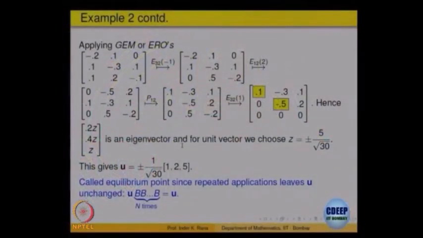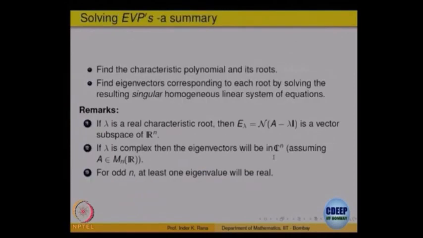So, let us not bother with this line. Okay. So, the important thing is that for the eigenvalue lambda equal to 1 for a stochastic matrix, you can find the eigenvector. So, this has importance in other subjects. So, basically let me summarize. The eigenvalue problem is basically: find the characteristic polynomial, find its roots, find eigenvectors by solving the resulting singular homogeneous system, right.